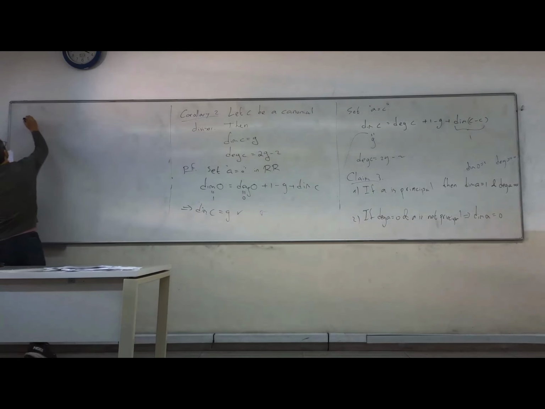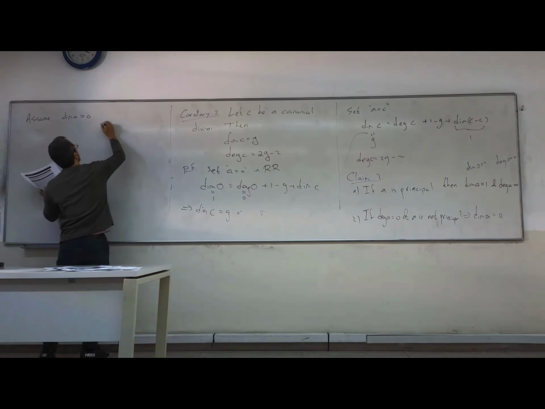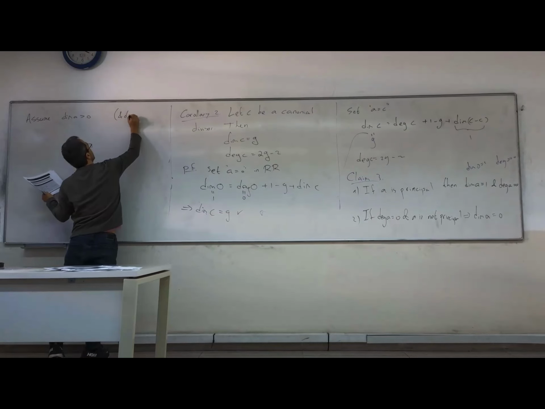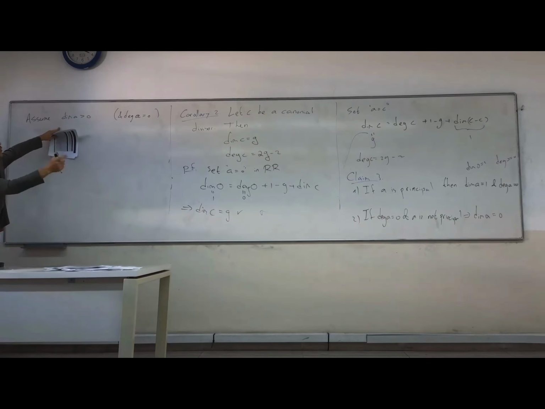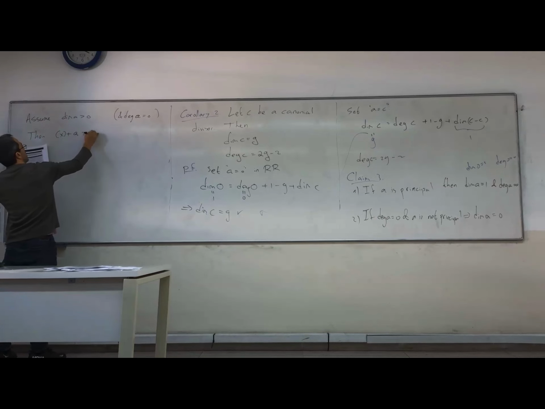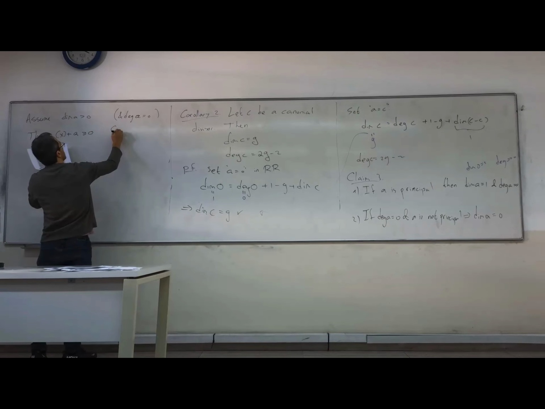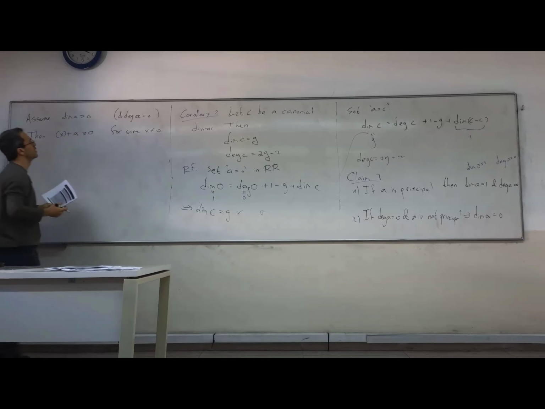So the proof is as follows. Assume the dimension of A is non-negative, that is, positive, and of course deg A is 0. That's the given, and I'm doing the contrapositive. Then what does it mean? It means that x plus A is non-negative for some non-zero function x.